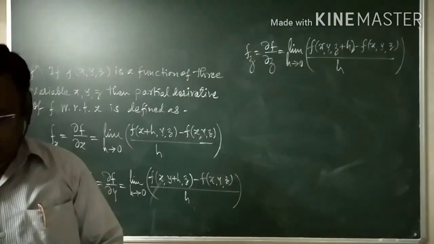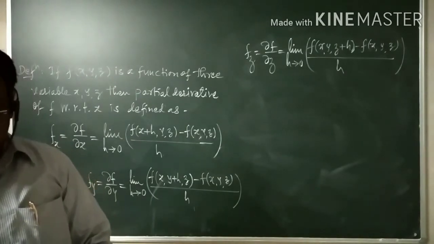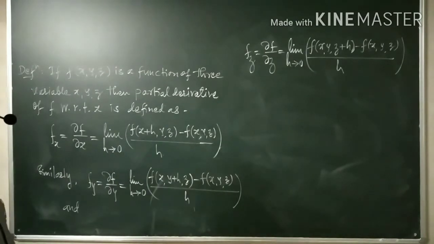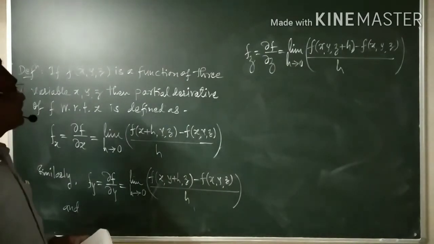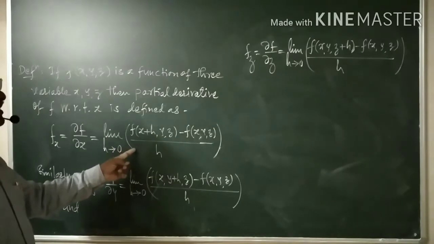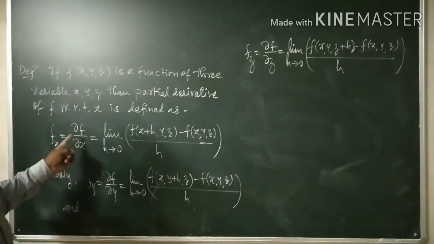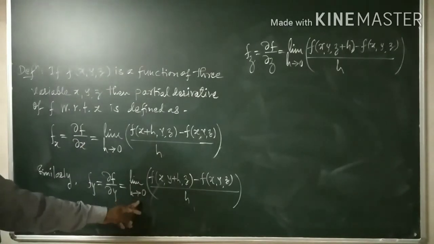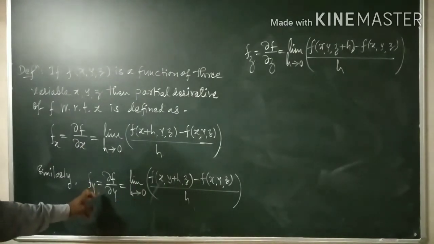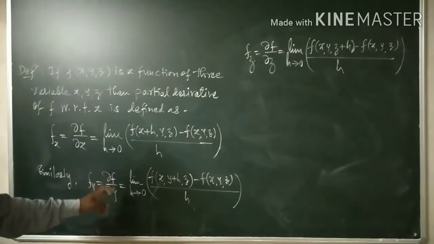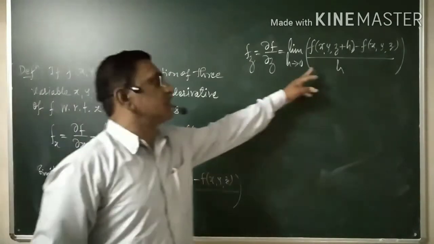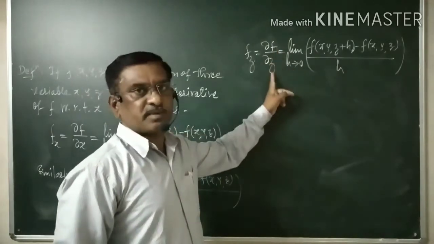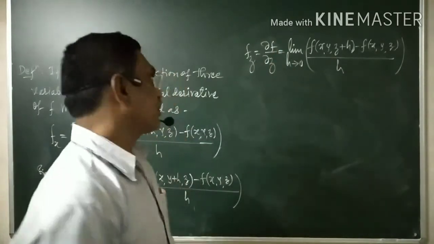And if a limit does not exist, then respectively: if this does not exist, the partial derivative of f with respect to x does not exist. If this does not exist, the partial derivative of f with respect to y does not exist. And if this limit does not exist, the partial derivative of f with respect to z does not exist.